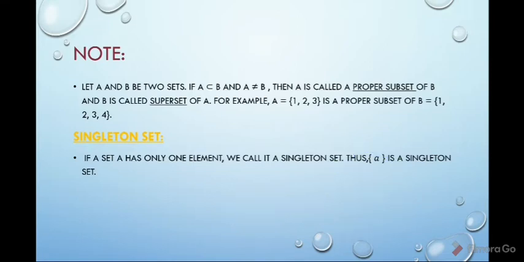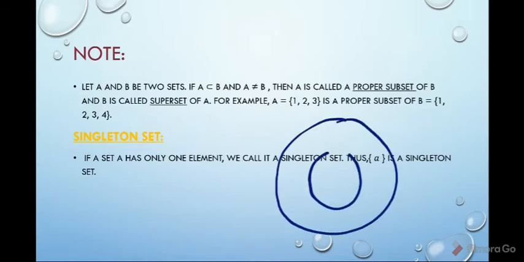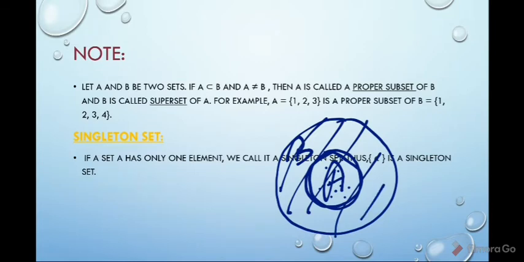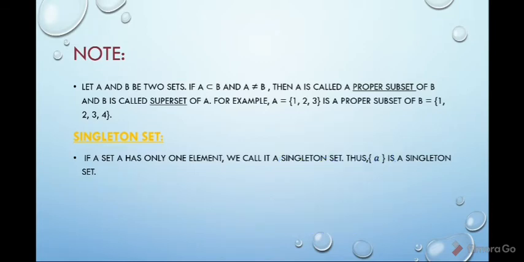Actually you have to draw it in this way. If this is A and A is a subset of B, this one will be set A and set B will contain this set A. That means B is the bigger collection, A is the smaller collection.